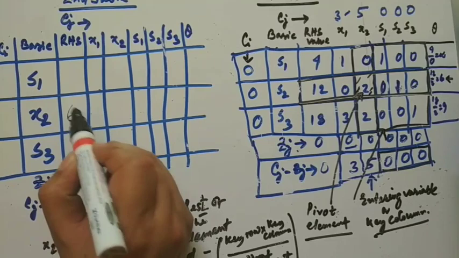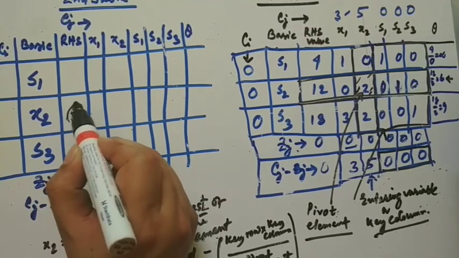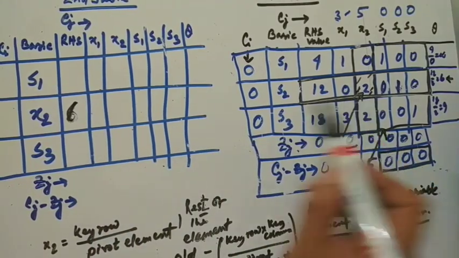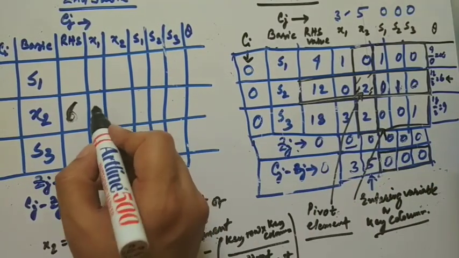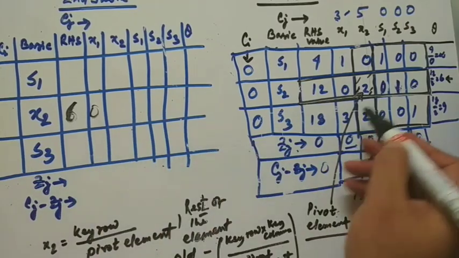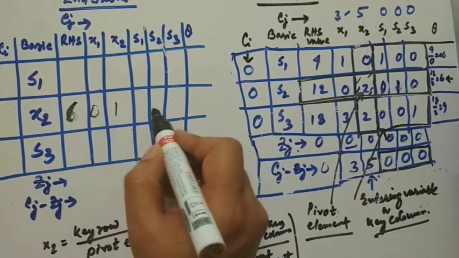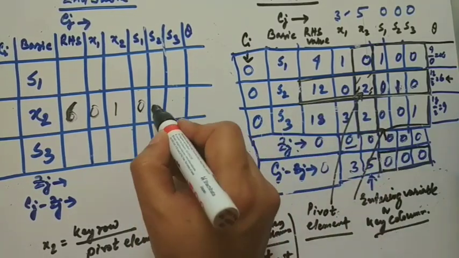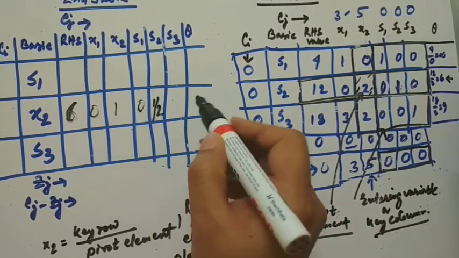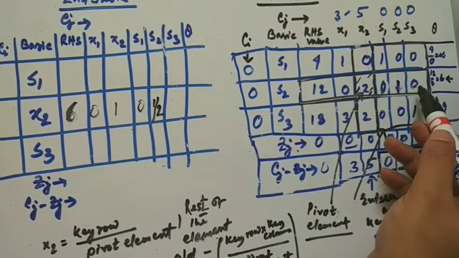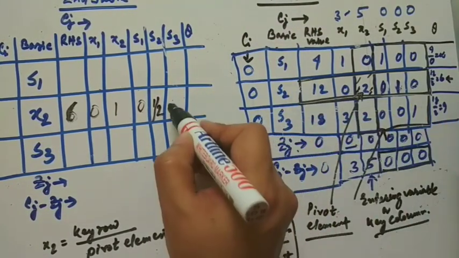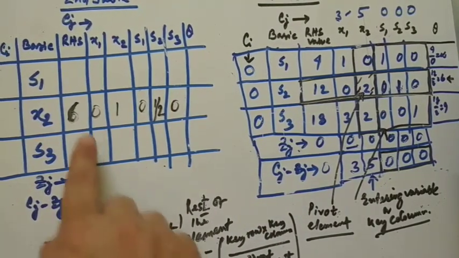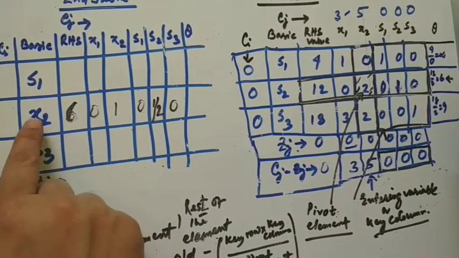The second one is 0 by 2, which gives 0. Then 2 by 2 gives 1. Then 0 by 2 gives 0. 1 by 2 gives half. Next, 0 by 2 gives 0. So we have completed constructing the key row, that is the value of X2.